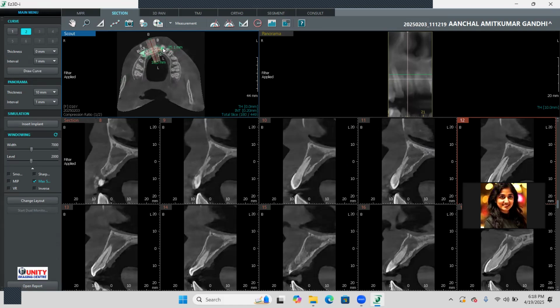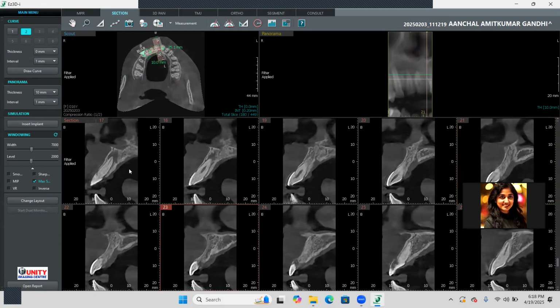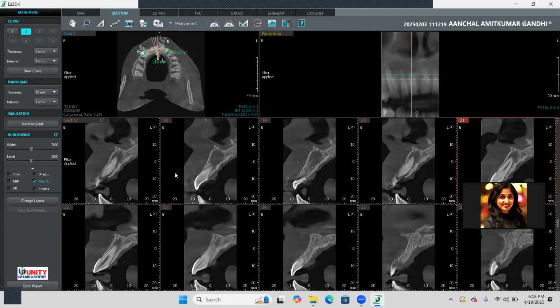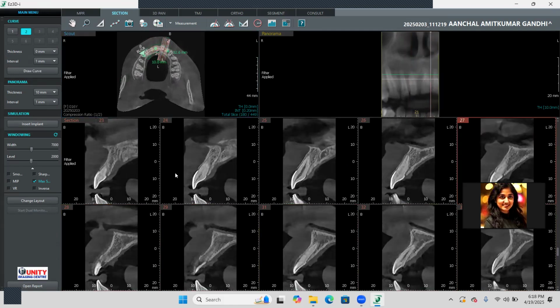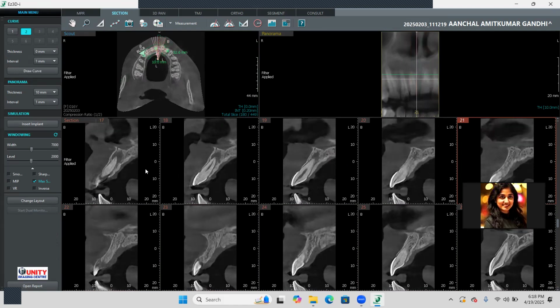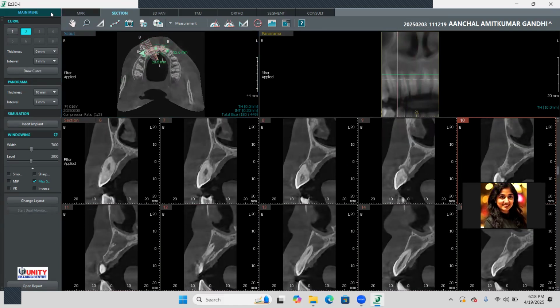There's a little proclination of this adjacent central incisor as compared to this one. I'm extending the curve just to make sure the other incisor is not involved. So this is about radicular cyst.